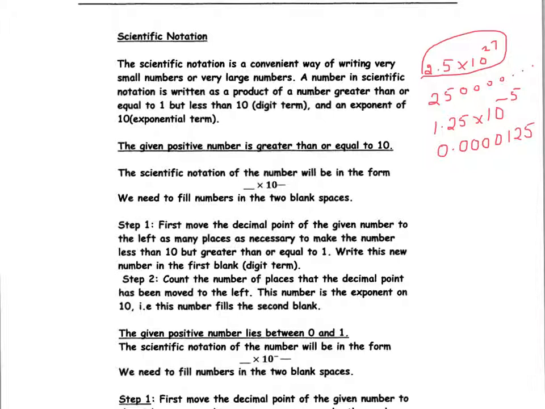Anytime we're dealing with a bunch of zeros, we need to keep track of them and make sure we're writing the correct number of zeros so we're not writing a number incorrectly. It's just easier to write it in scientific notation. That way, this tells us how many zeros before the 125 we need to have in the number.